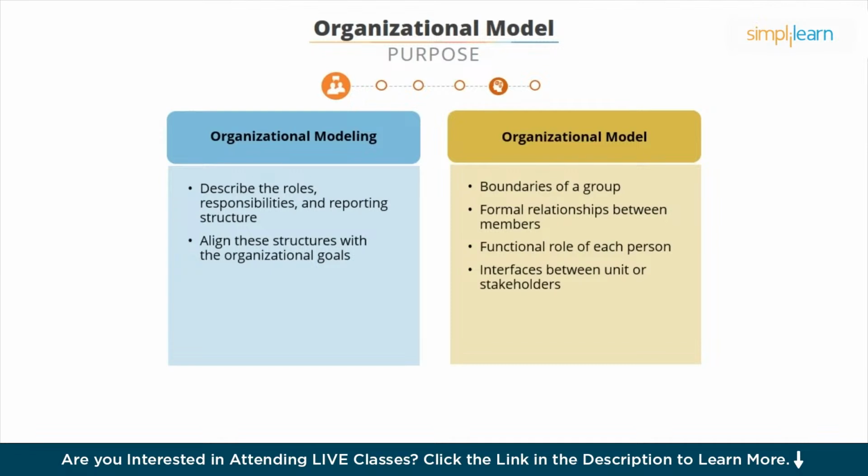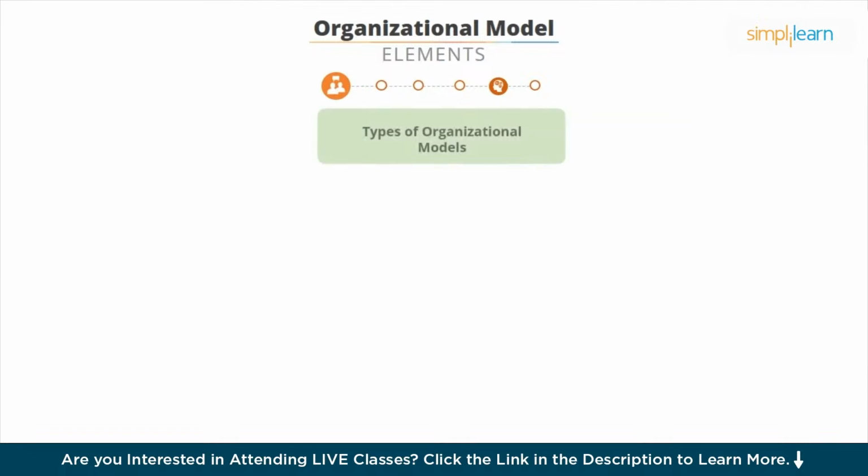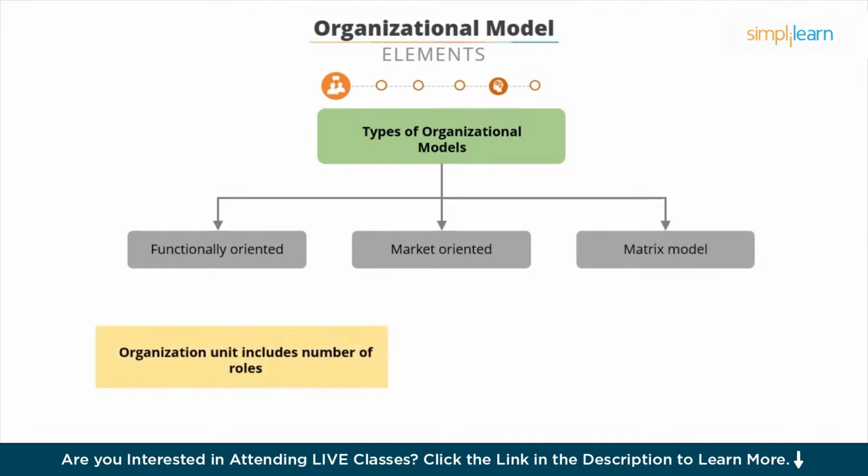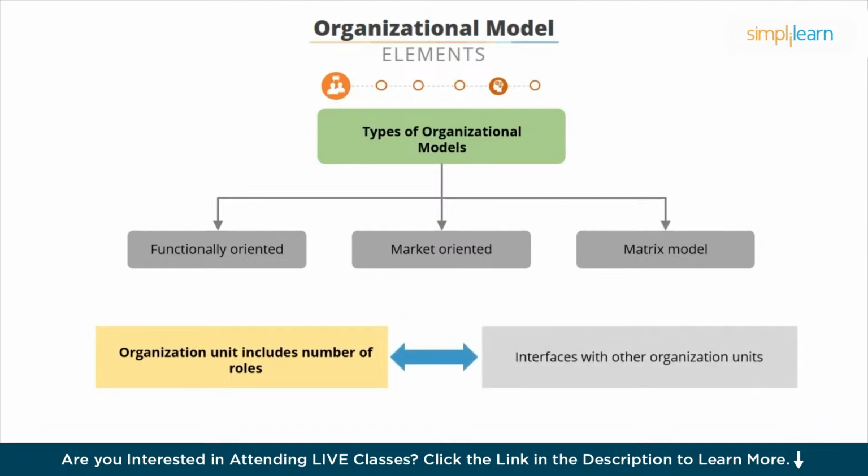Organization models are common in most organizations, however, models are sometimes out of date. 3 types of organizational models are prominent: functionally oriented, market-oriented, matrix model. Organization unit includes a number of roles. Each organization unit has interfaces with other organization units.